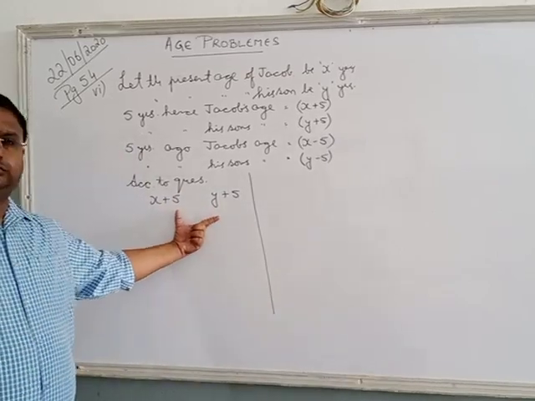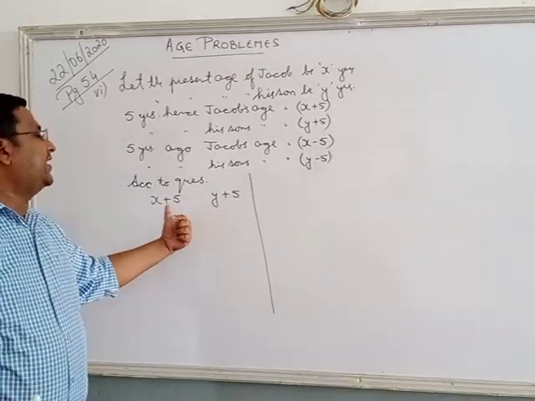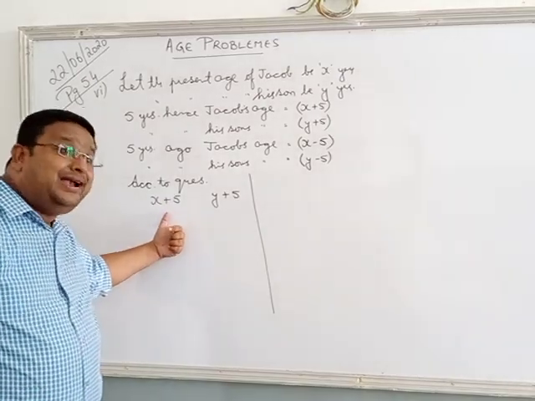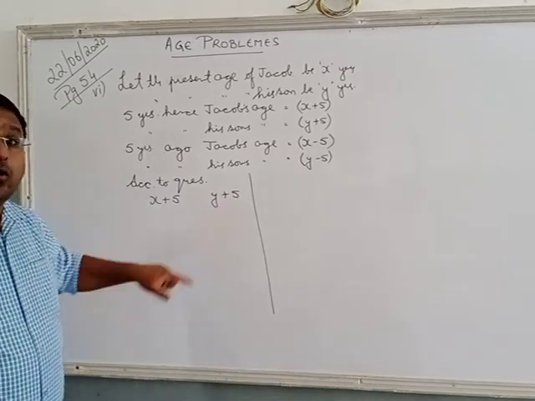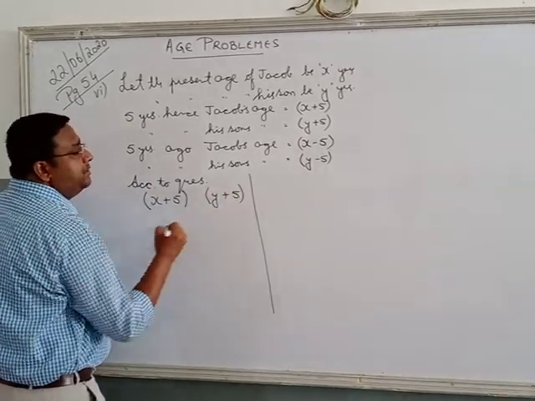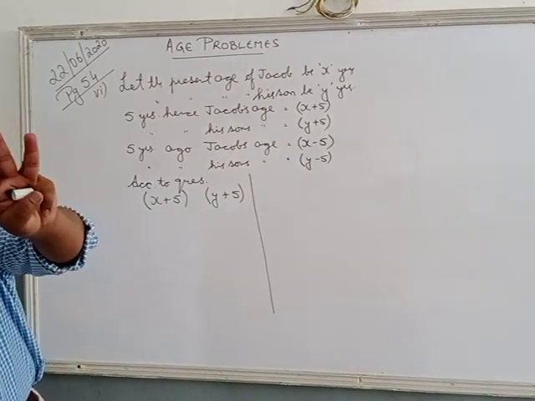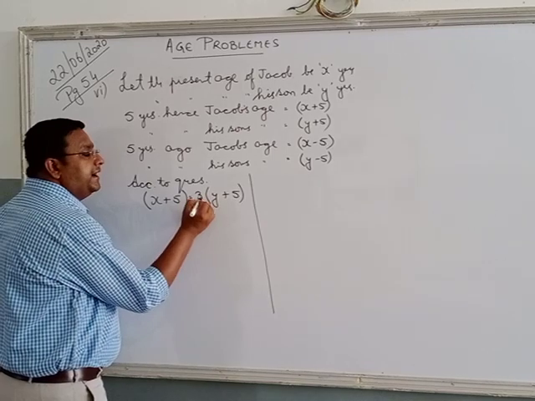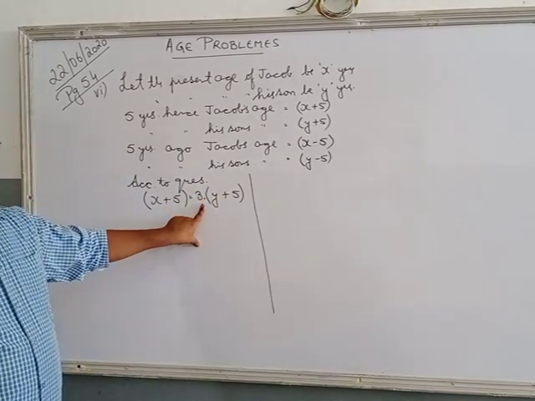Whose age is more? Definitely Jacob is elder to his son. 3 times that of his son. That means 3 multiplied by the age of his son. Yes or no?